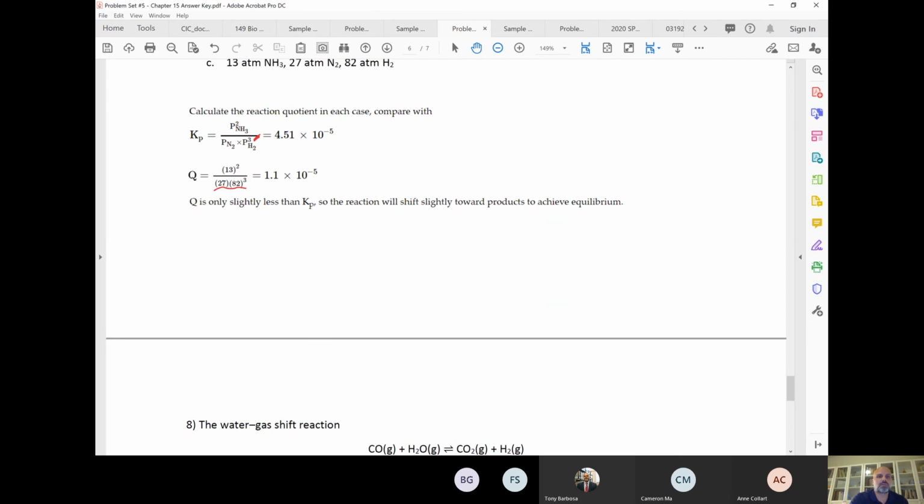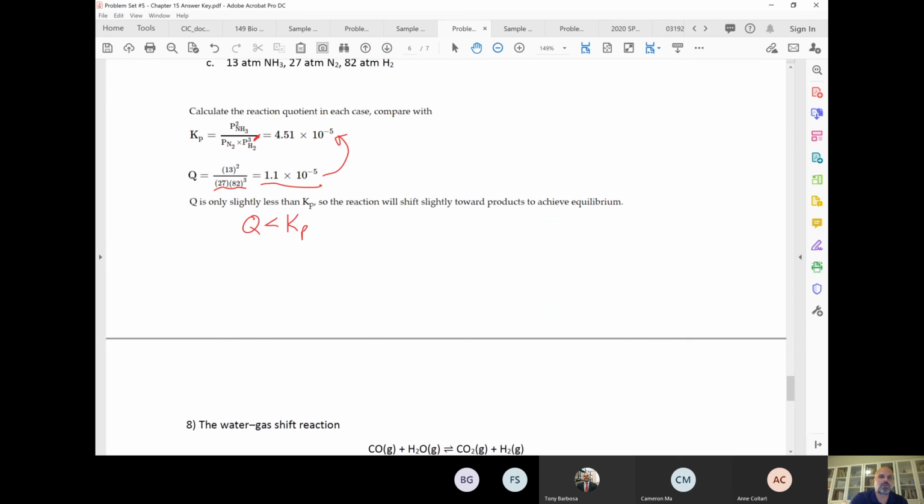So you can see here, we just plug in, we get 1.1 times 10 to the minus 5th versus 4.51 times 10 to the minus 5th. And since the Q is only slightly less than the Kp, the reaction is going to shift slightly towards products. In this case, Q is less than Kp.